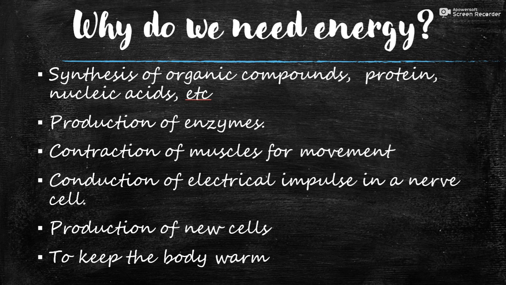At the time of the body repairing, for example, when we get a wound and the wound has to be healed, new cell formation will happen in our body. So at these times, protein is very necessary. Nucleic acids are very, very necessary. So synthesis of organic compounds requires too much energy.